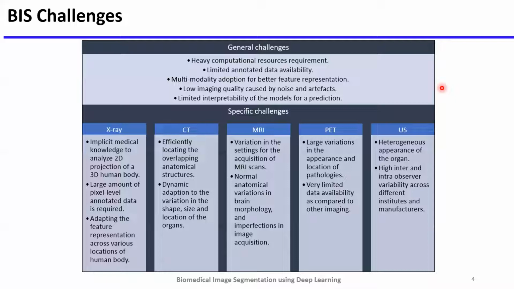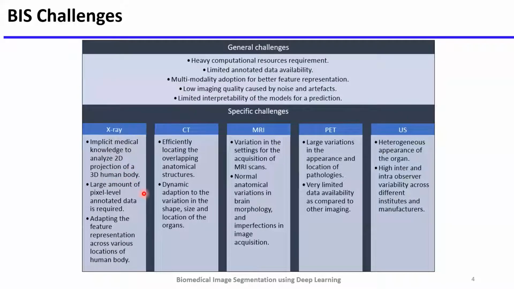Broadly, we may have X-ray images, CT scans, MRI scans, PET scans, and ultrasound scans. Let us come to the X-ray scan. The challenge that we face is the implicit medical knowledge needed to analyze a 2D projection of a 3D human body.